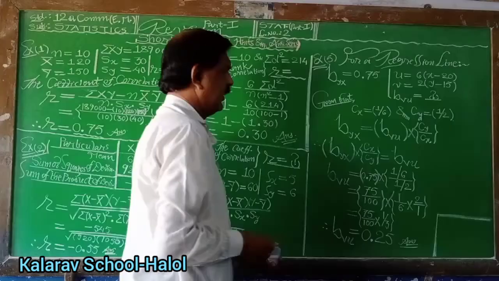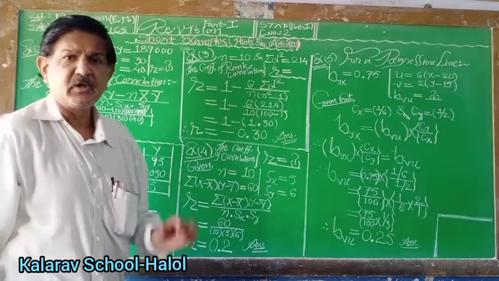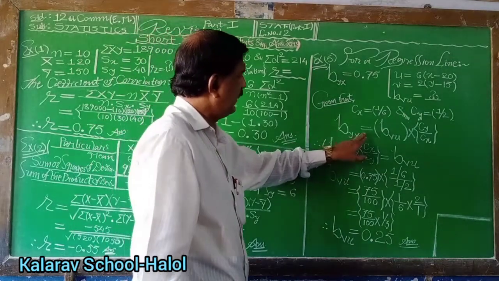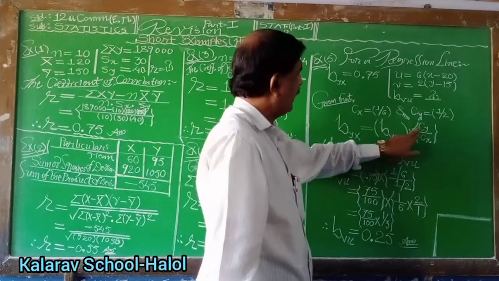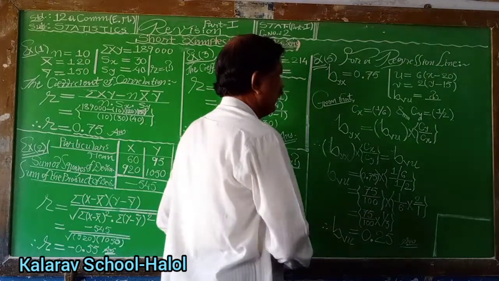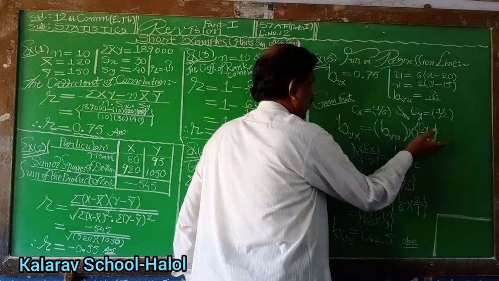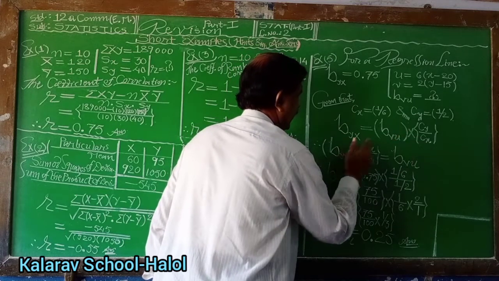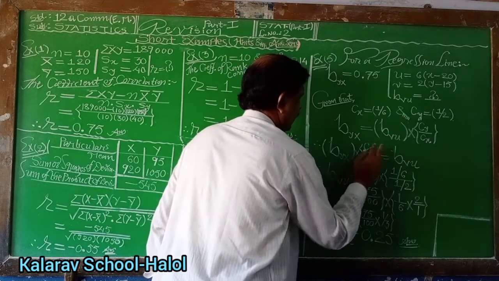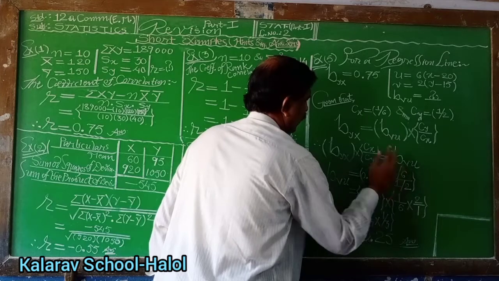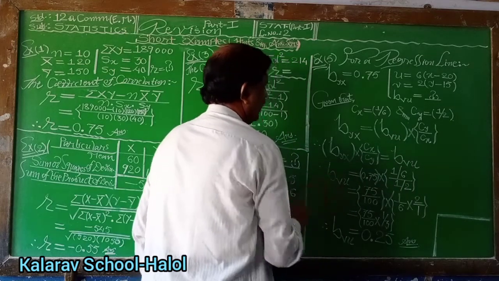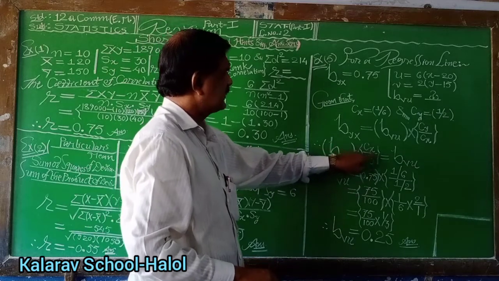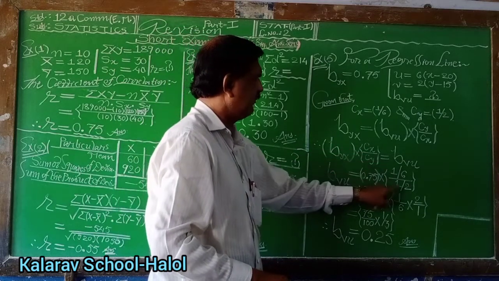Now the formula for conversion or transformation. Byx is given by Bvu multiplied by Cy upon Cx. If you take this Cy upon Cx to the left-hand side, it becomes reversed: Cx in the numerator and Cy in the denominator. Only Bvu remains on the right-hand side. Therefore, Bvu is Byx, the value is 0.75, into Cx 1 by 6 upon Cy 1 upon 2.